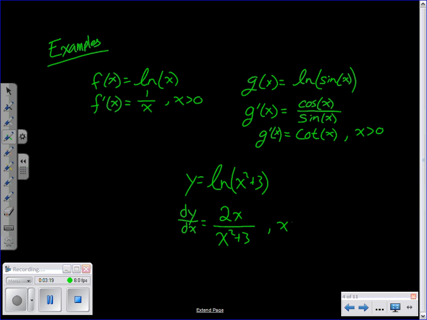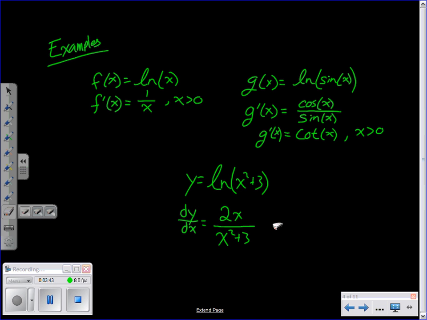So I need to make sure that x squared plus 3 is greater than 0. It looks like it's always going to be greater than 0, because anytime I square a number, I'm always going to get a positive. So it's not going to make sense to include the stipulation on this particular function.